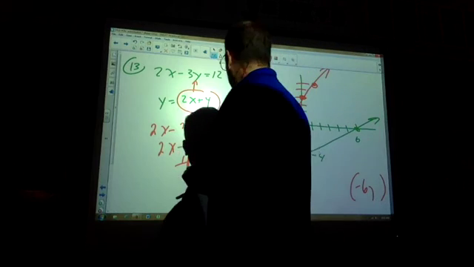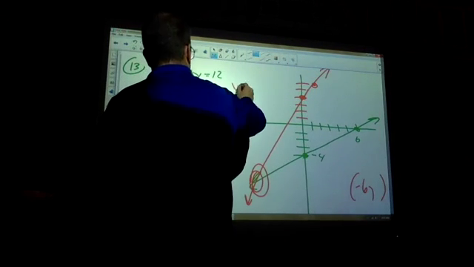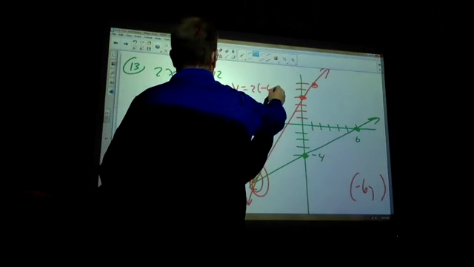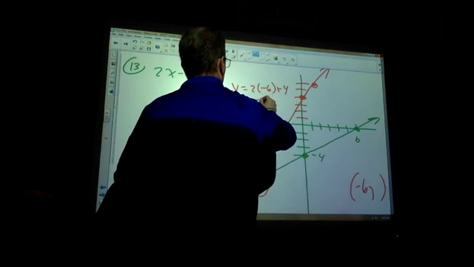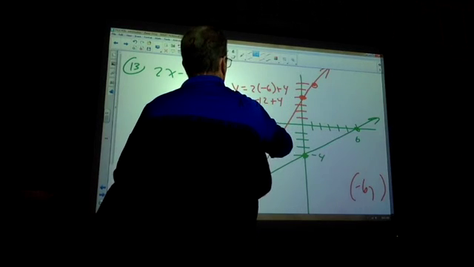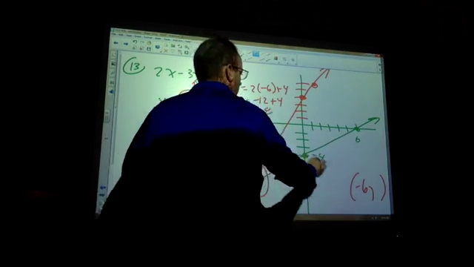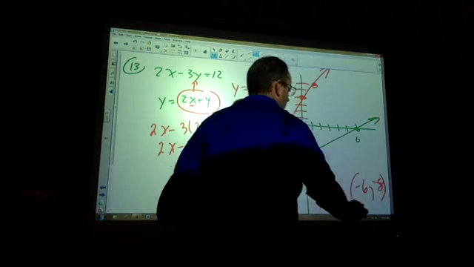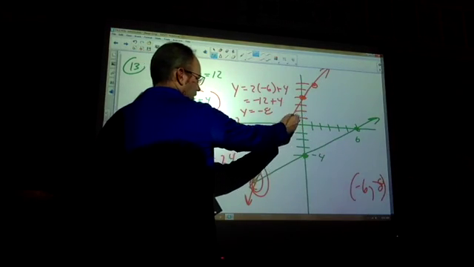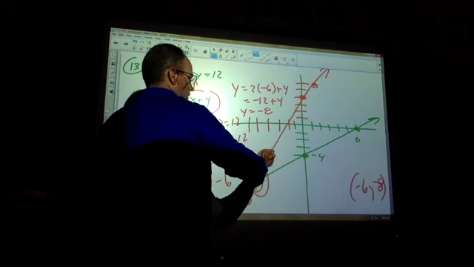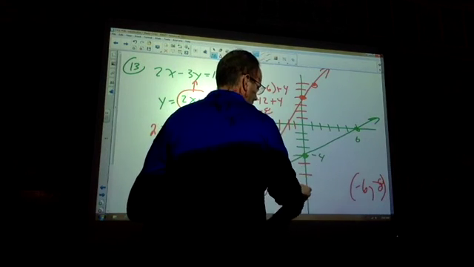And then plug that value in here. Can you justify making negative 6? Negative 8.